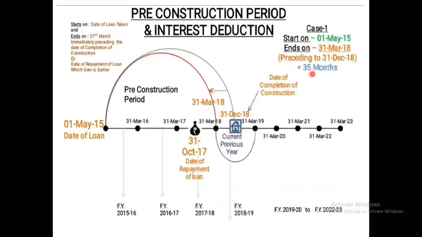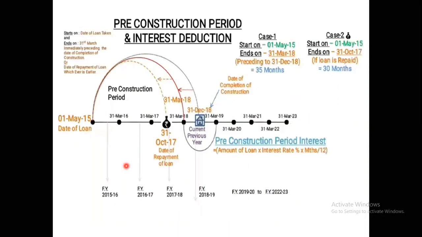Whereas in the case of the date of repayment of loan under case 2, it falls on 31st October 2017. So let us decide what our pre-construction period will be for case 2. In this situation, our period will start on 1st May 2015, just like case 1.